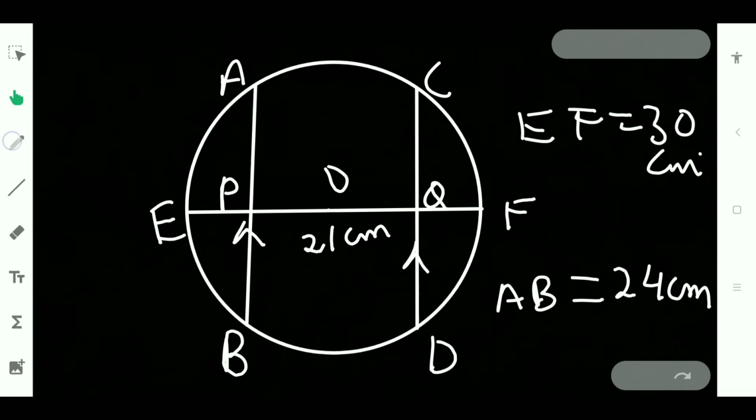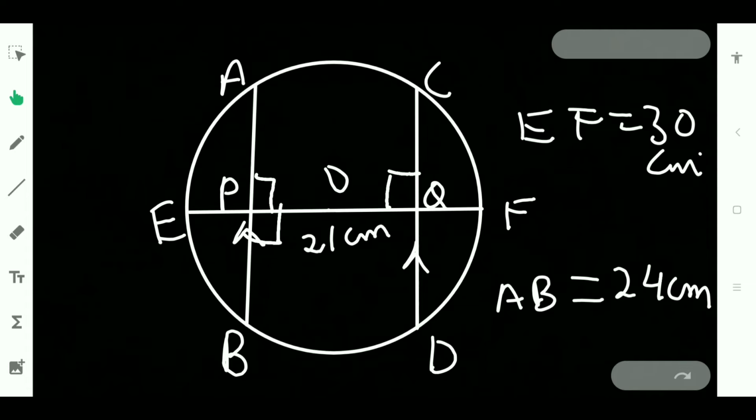Now just take the diameter. Let us take this as perpendicular, the same way here also to CD as well as AB. For both the chords, let us take the diameter as perpendicular. So you know the theorem we have used before, that perpendicular from the center bisects the chord.